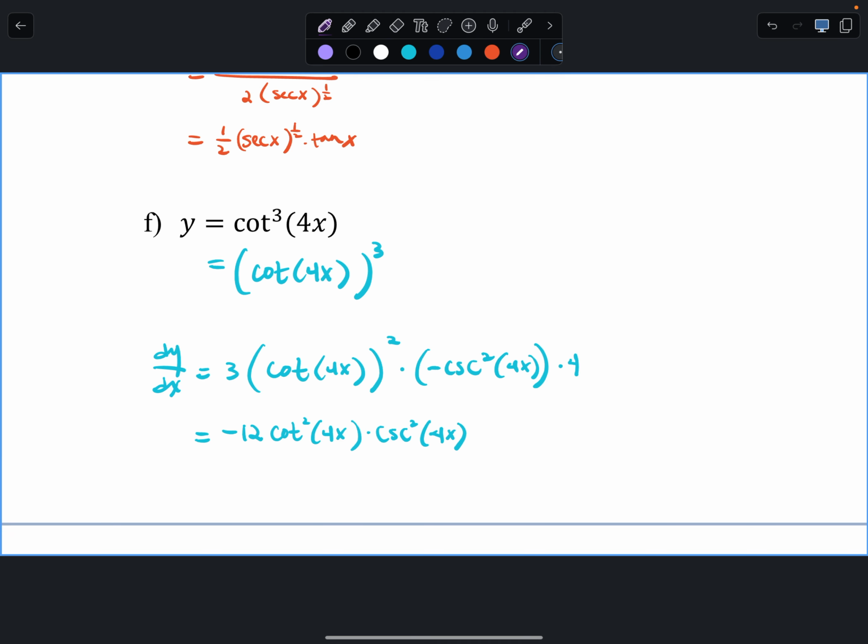So derivative of the outside function, leave the inside alone, times derivative of the inside function, but we have to use chain rule to find the derivative of cotangent of 4x. So derivative of outside, leave the inside alone, times the derivative of the inside. Okay, you gotta finish the chain rule. Oh. Yeah. Okay, I get it, yeah.